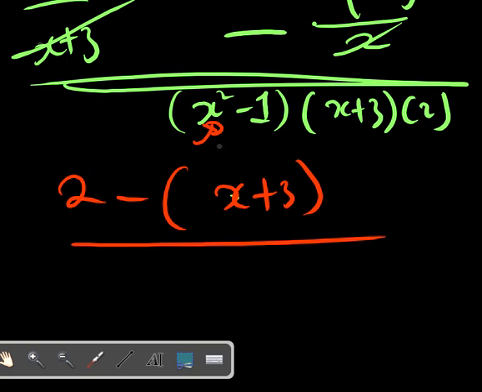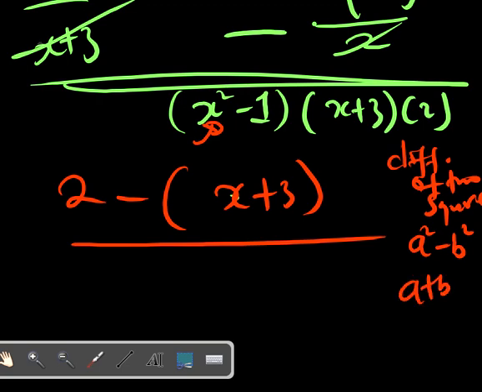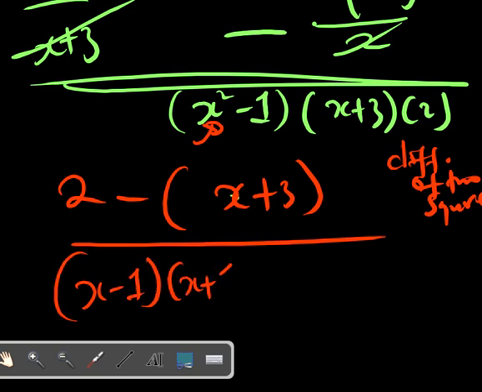This is an algebraic expression we call the difference of two squares, expanded as a squared minus b squared equals a plus b times a minus b. We have a similar situation here, and our x squared minus 1 is going to expand to be x minus 1 times x plus 1, and then we include the remaining parts of the denominator.